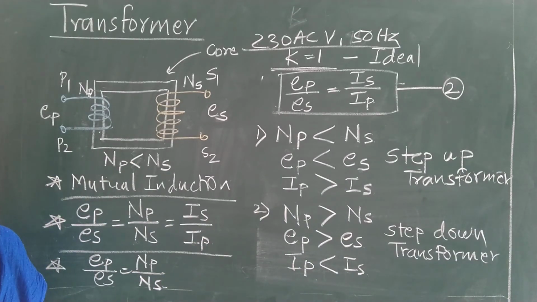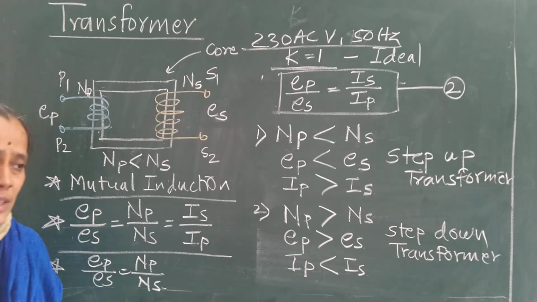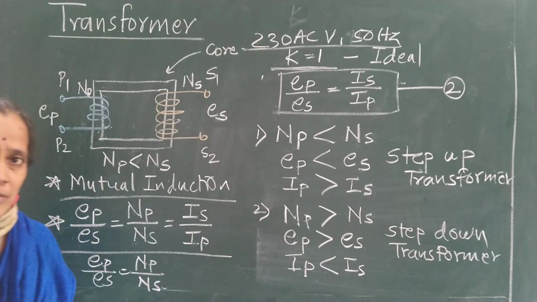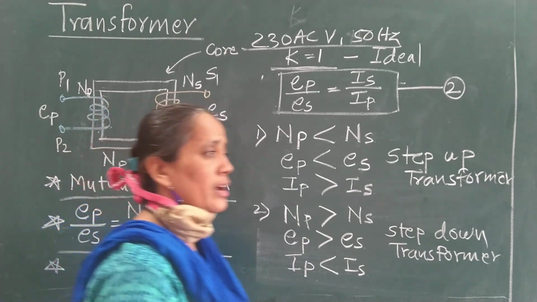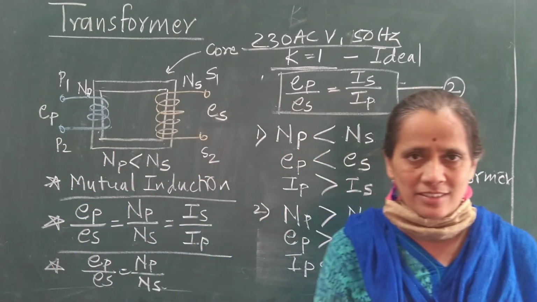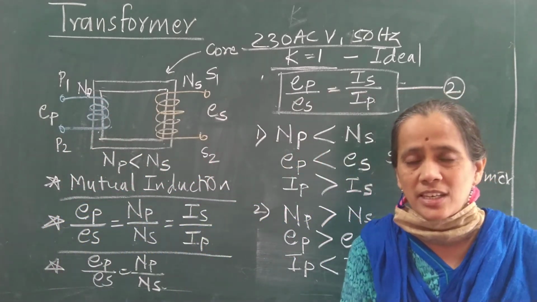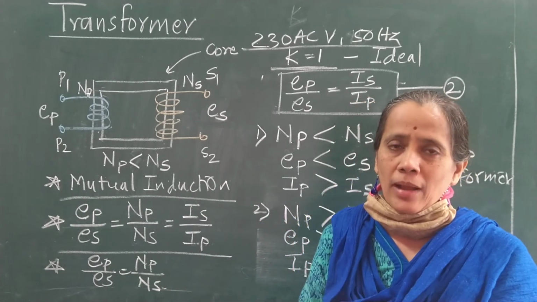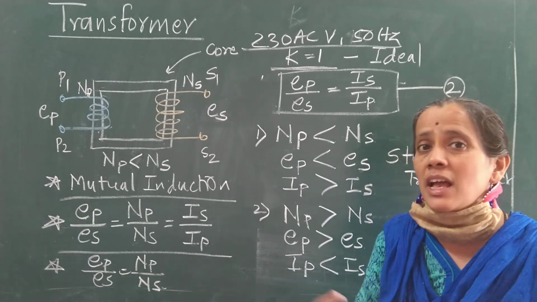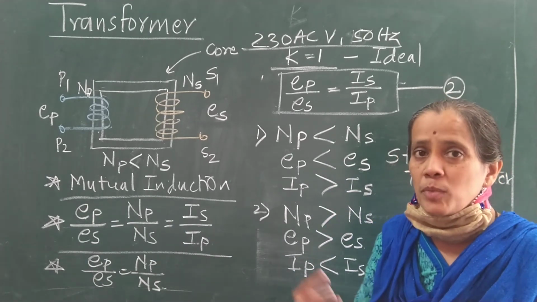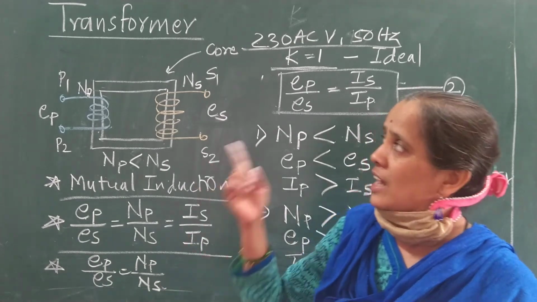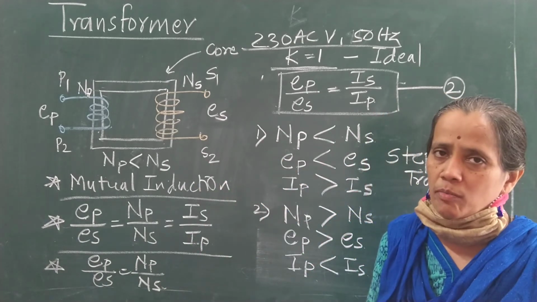That concept also we have seen. Then we have seen the concept of eddy current. After that, we have seen the AC generator. From AC generator, we switched over to back EMF. After that, we have seen self-induction, mutual induction, coefficient of coupling, and the last topic is the transformer.